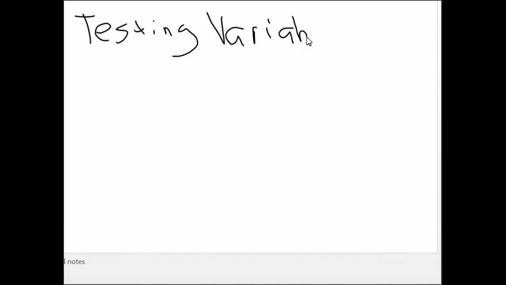So I did want to talk a little bit about some of the items of testing. So you have different variables. So you have what are called controlled variables.